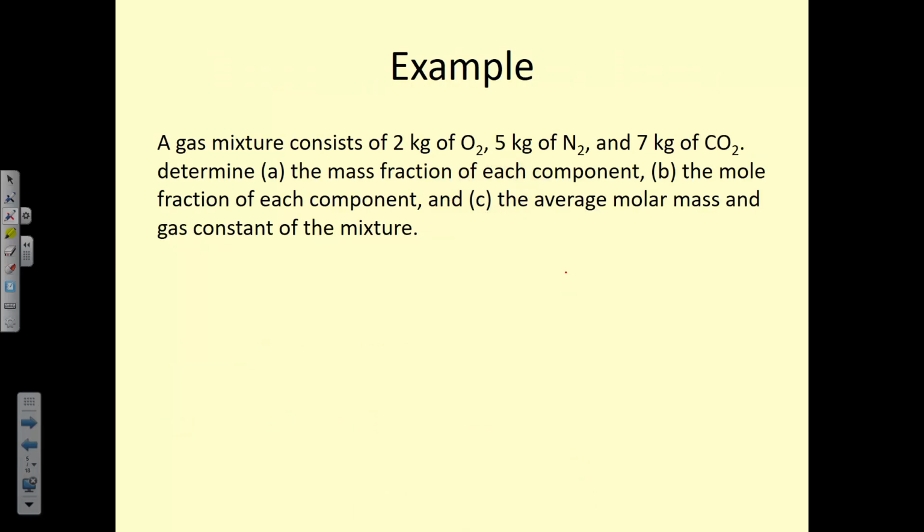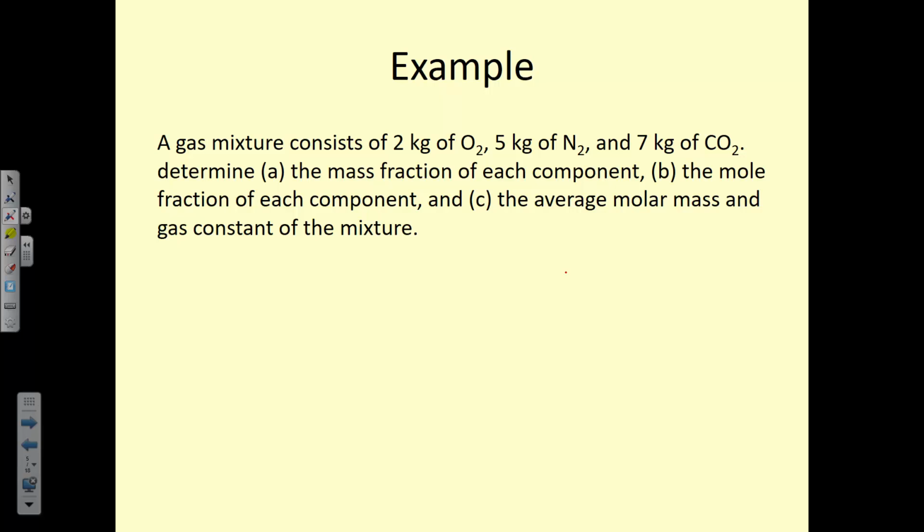So let's do an example where we have a mixture consisting of O2, N2, and CO2. So we have three gases. We need to determine the mass fraction of each component. So how many mass fractions will we need to calculate? 3. And how many mole fractions will we need to calculate? 3.